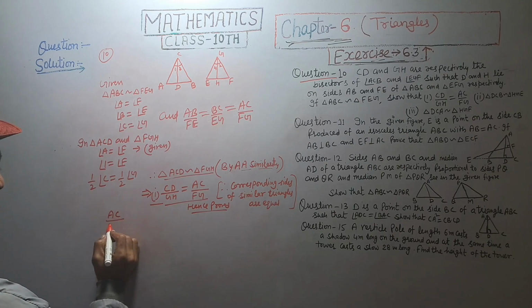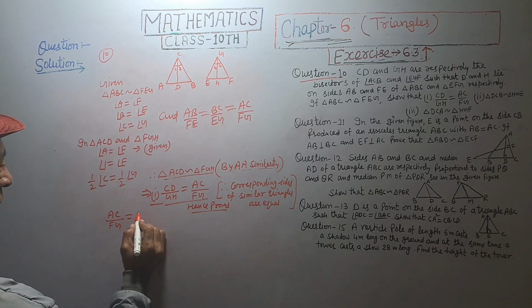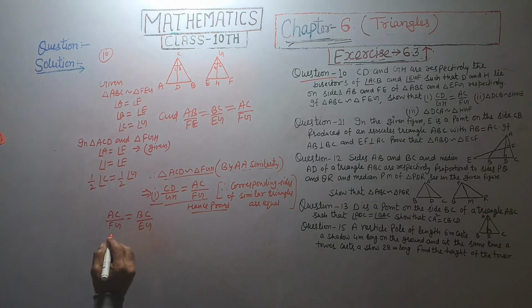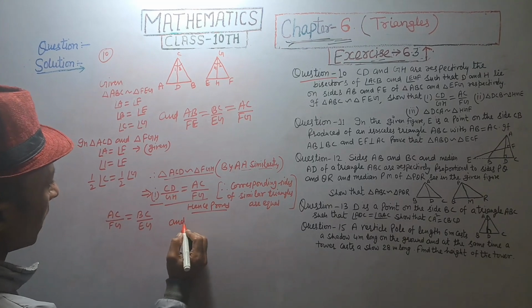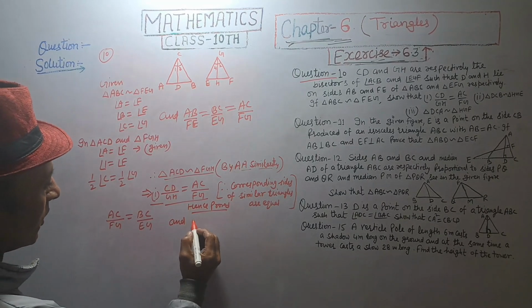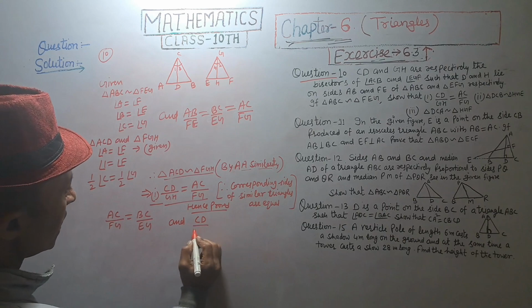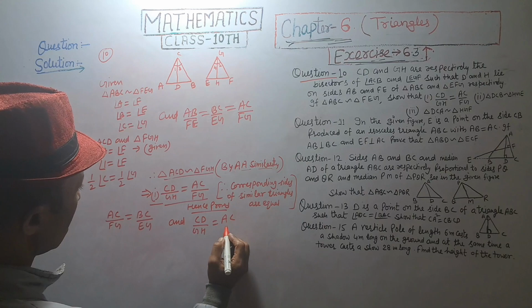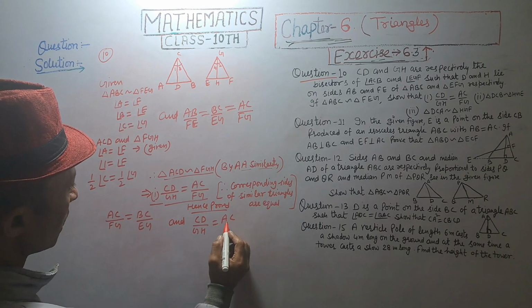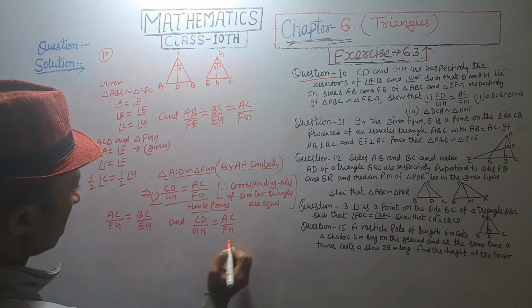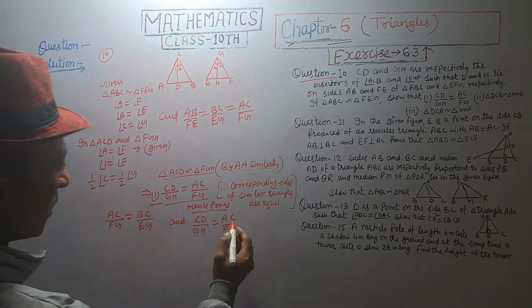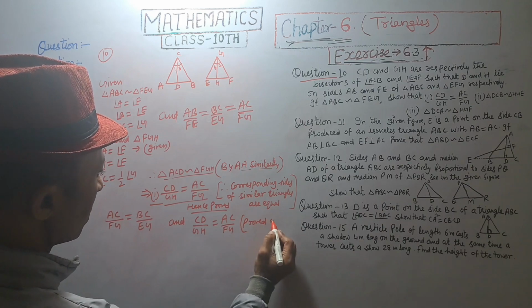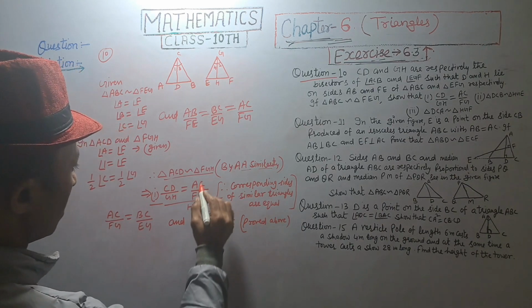AC upon FG is equal to BC upon EG, and CD upon GH is equal to AC upon FG, proved above.